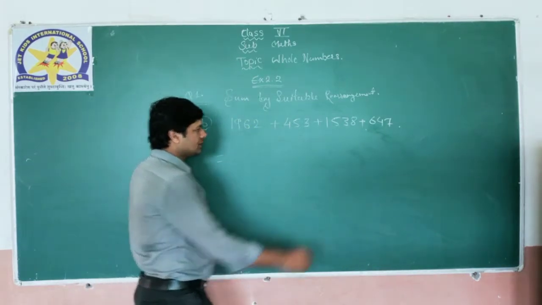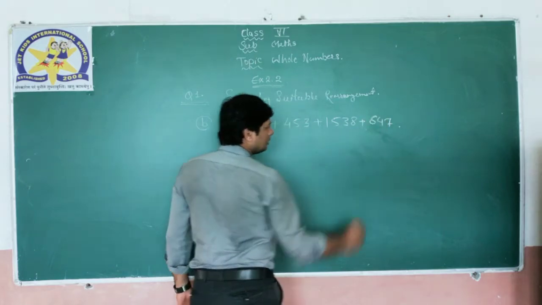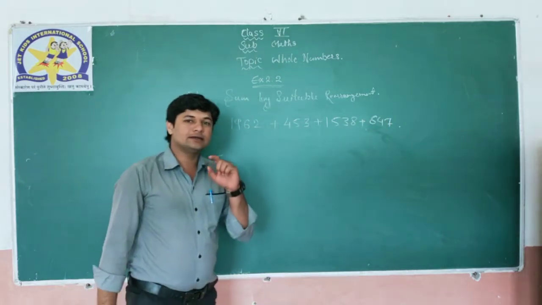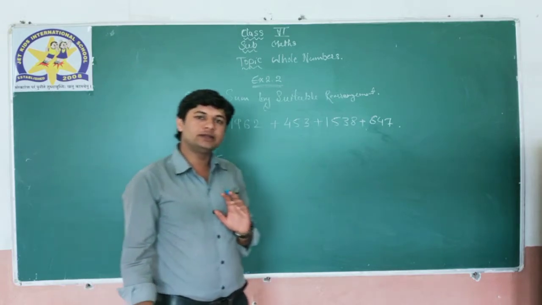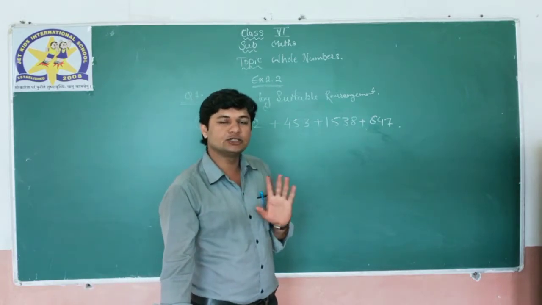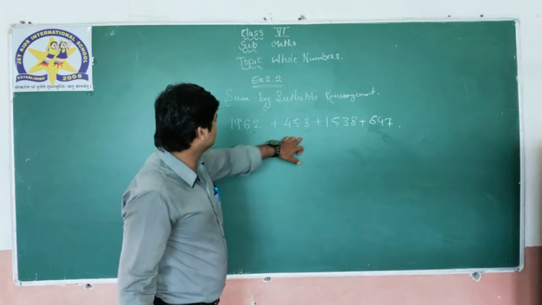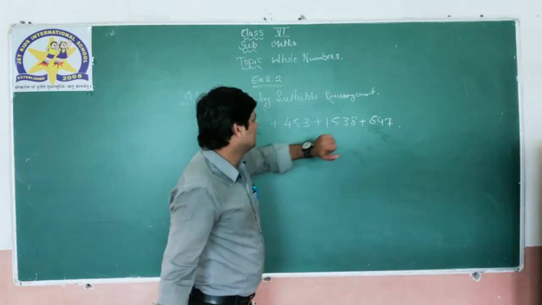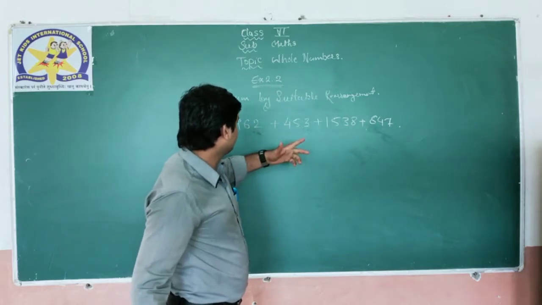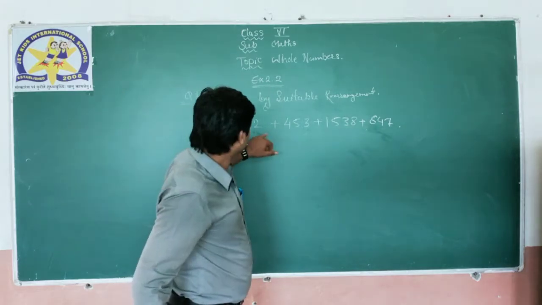See, first of all you have to check the unit digit. On adding which two numbers do we get the unit digit as 0? If I add these two, 2 plus 3 is 5, 3 plus 8 is 11, so it is not 0.